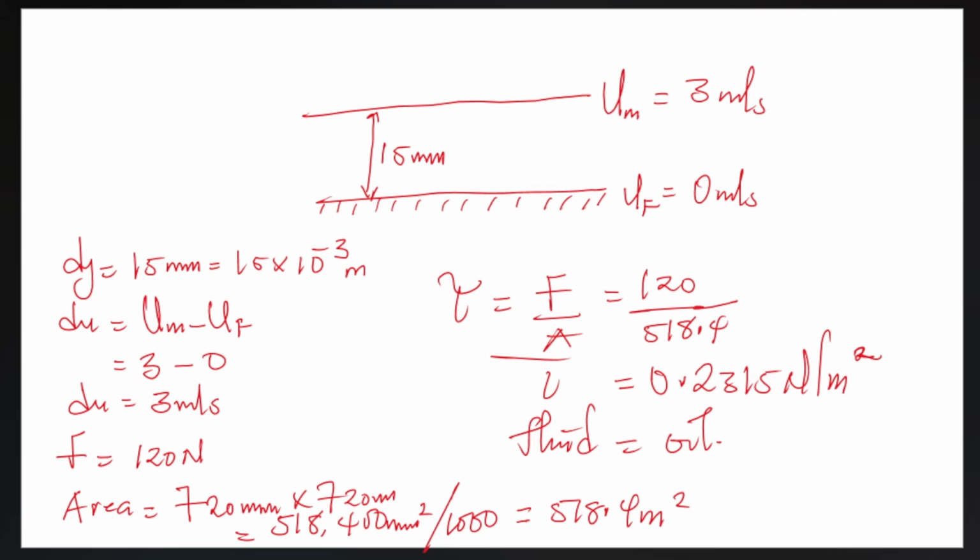Are we together? Now, since we've gotten all parameters, our interest is always to calculate your dynamic and your kinematic viscosity. To calculate your dynamic viscosity, we know that it is tau divided by du over dy. We already know tau, we already know du, and we already know dy.